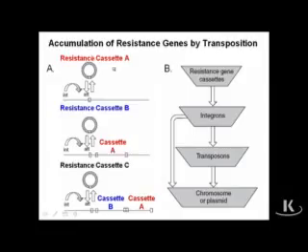Let's just look at this. If we have a transposition event where we're taking a resistance cassette and inserting it into chromosomal DNA, then that chromosomal DNA is integrated with another resistance cassette. We'll call it B. Now we have an AB cassette on a stretch of DNA, and now we get integrated with another resistance cassette.